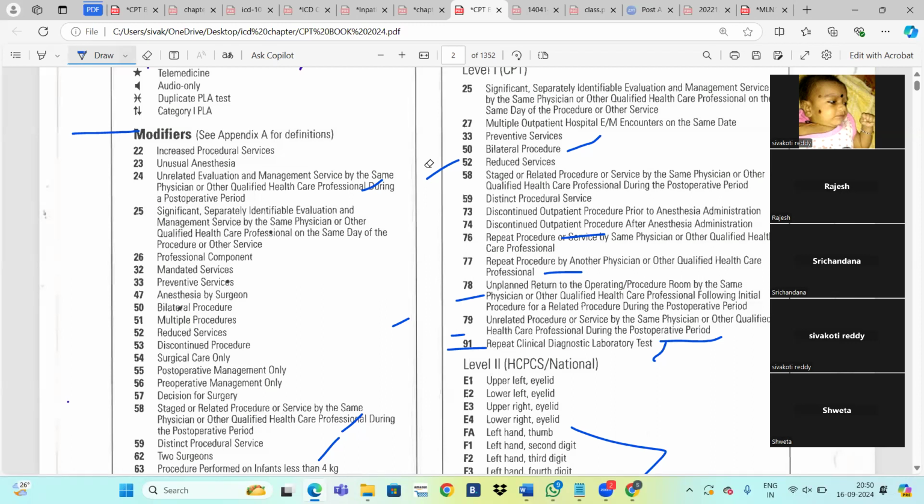They done some workup on the procedure. You will pay for that or not? No. No, guys. So this is all included as a surgical package, global period.